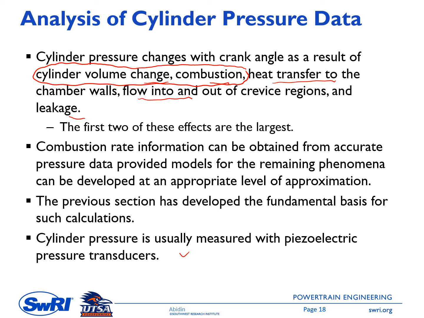So in this case, we use the pressure data to get information about the combustion process. We can use the thermodynamic analysis that we just talked about in the previous slide to get the combustion information from the measured pressure inside the cylinder.